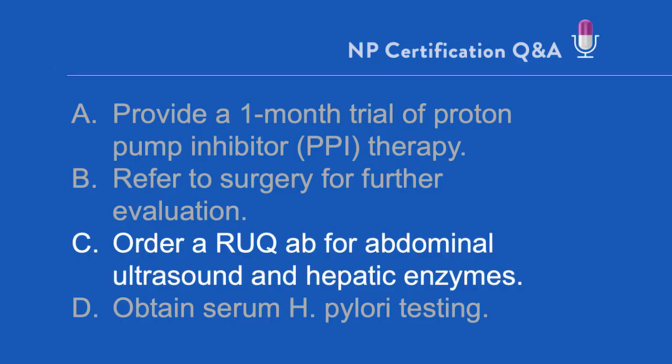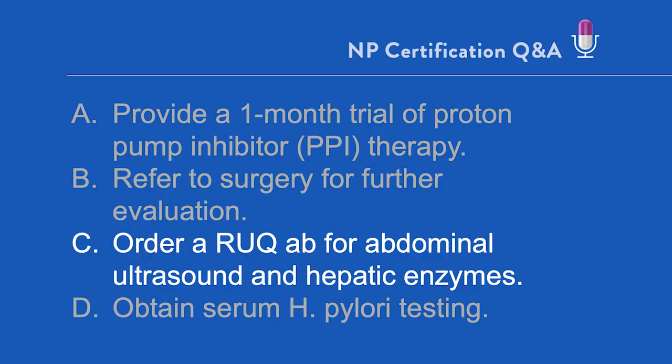Okay. Option D, obtain serum H. pylori testing. This is incorrect. Infection with H. pylori is a risk factor for the development of peptic ulcer disease, also known as PUD. This patient's clinical presentation is not consistent with that diagnosis, where typically the patient reports a burning sensation, gnawing, hunger or pain in the epigastrium that is relieved with eating.